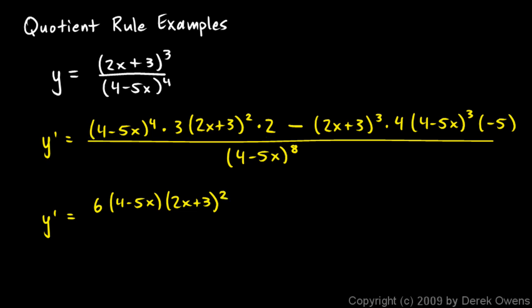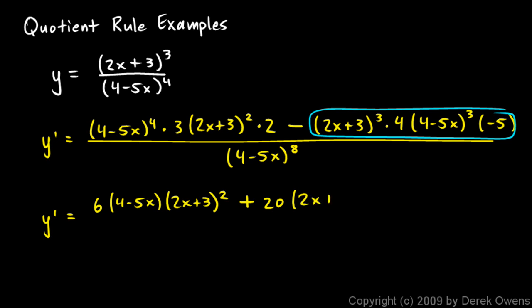Okay, now let's factor a (4 minus 5x) cubed out of this term. We have our minus sign, and you see the negative 5 and the negative 4 give me a 20 in the product. So minus a positive 20 makes this negative sign, and we have 20 times (2x plus 3) cubed, and we factored out this entire (4 minus 5x) cubed.